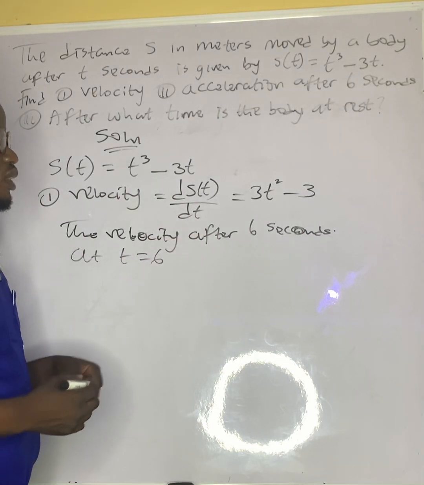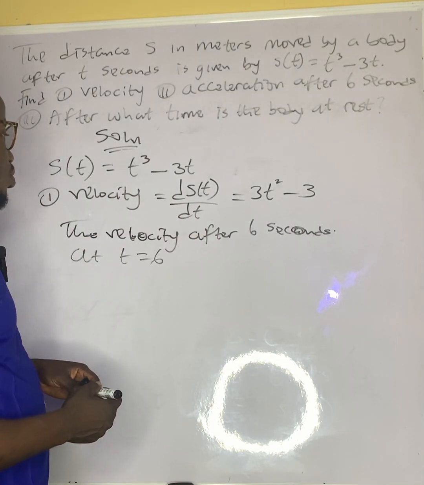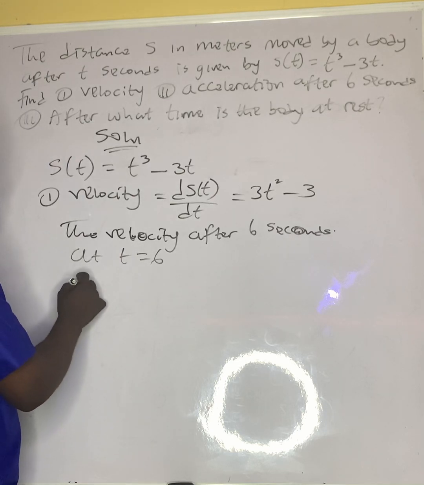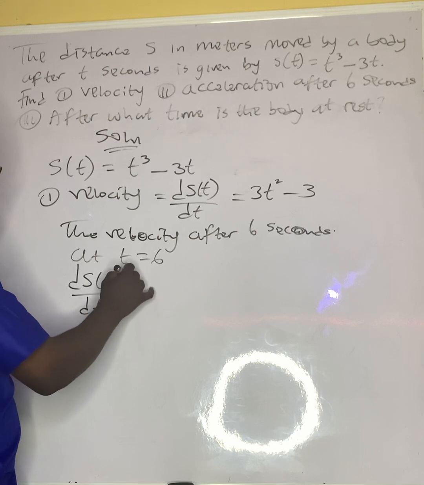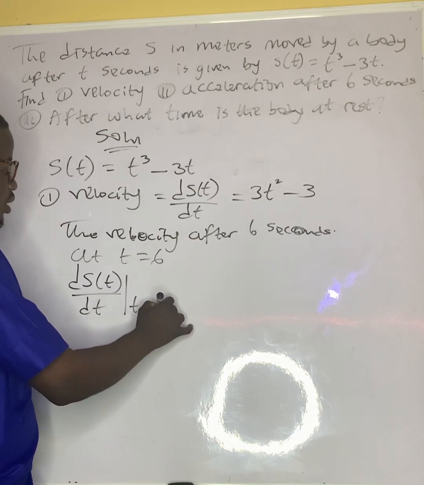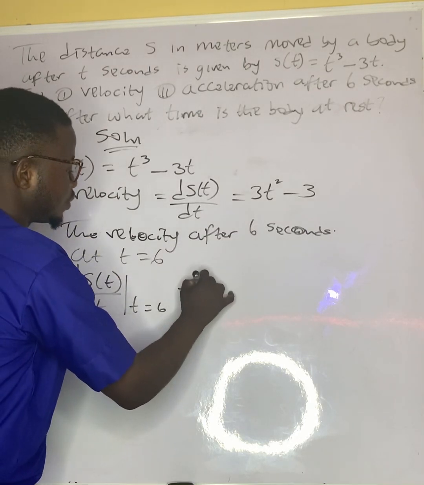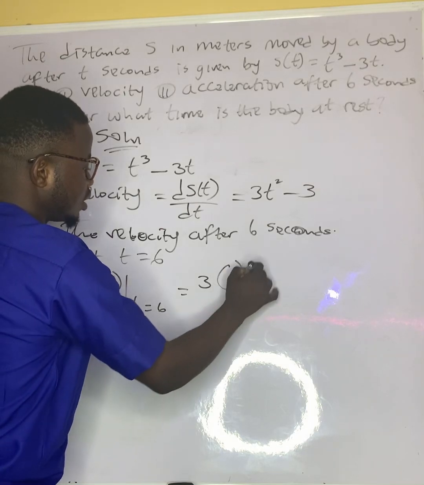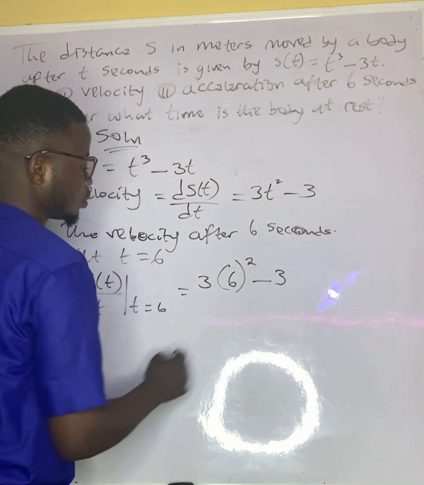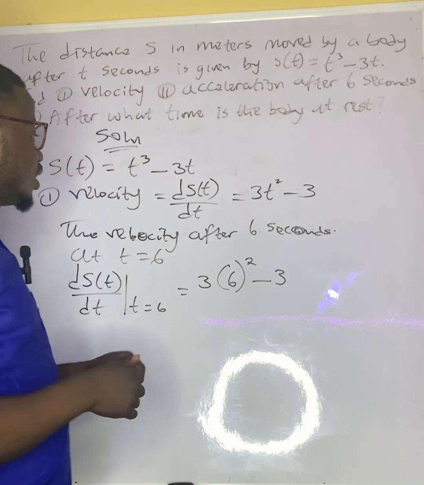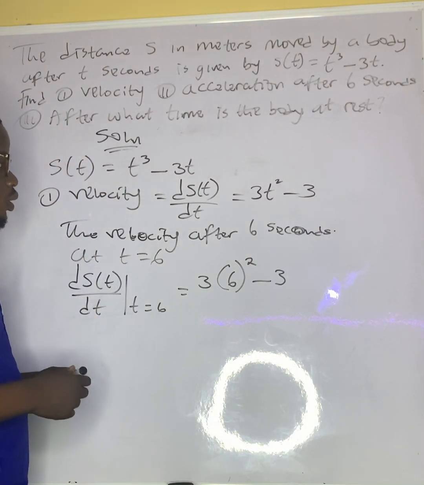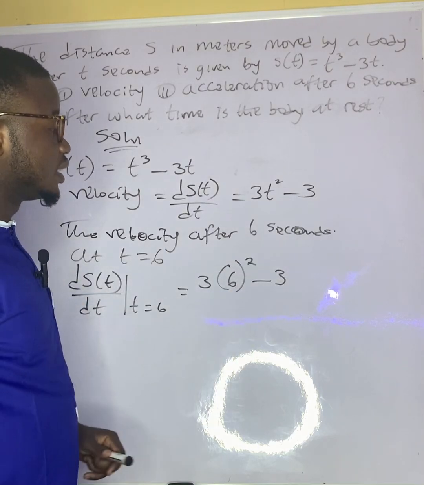So we have to obtain the velocity at t equals 6. So after 6 seconds, here we have ds of t over dt. Setting the value of t to be 6 equals, here we have 3 into 6 raised to the power of 2 minus 3. So this 6 seconds, that's the time.